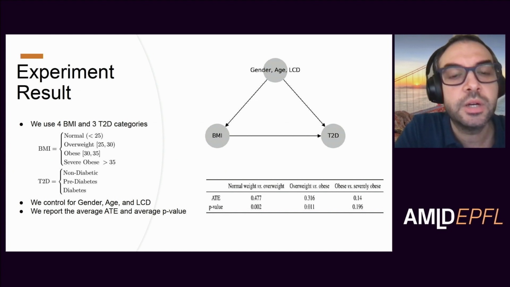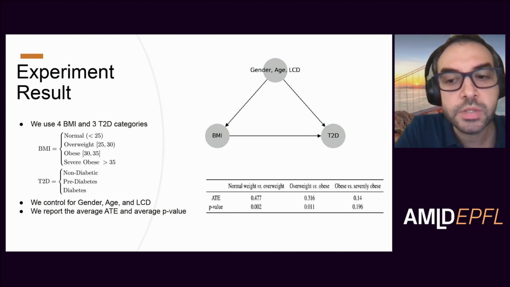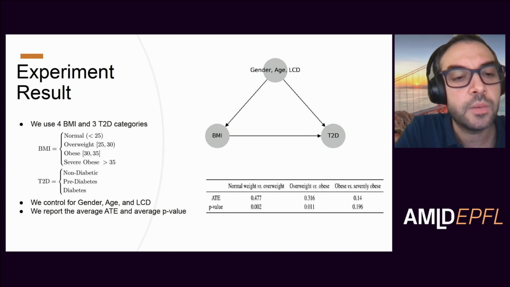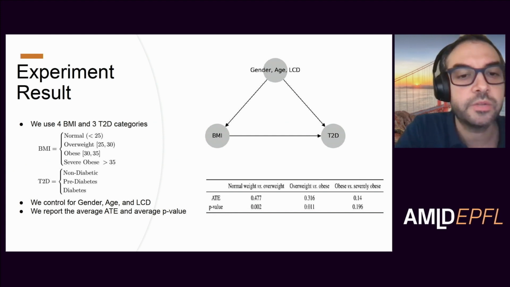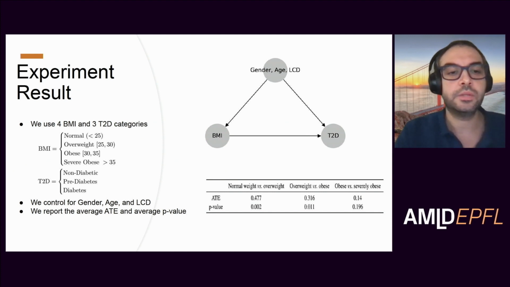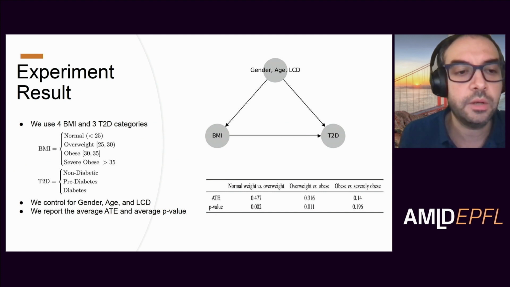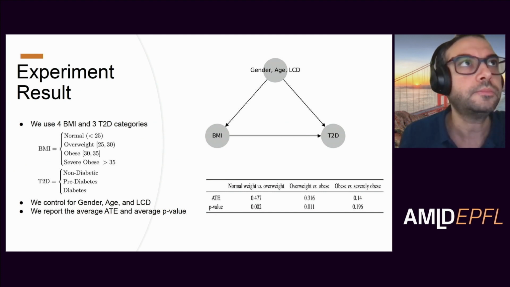So this suggests that BMI indeed increases the risk of type 2 diabetes, even increasing that risk by 50% for the normal weight versus overweight. The p-value for this particular case is significant, which also suggests that the impact is significant.